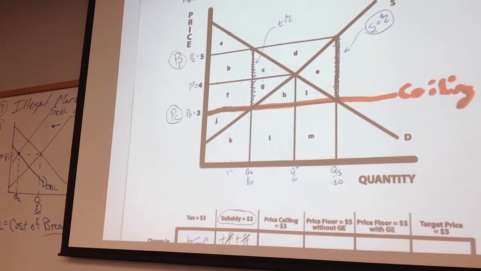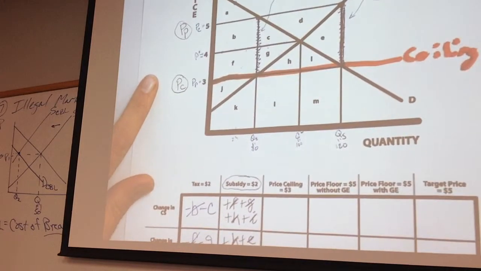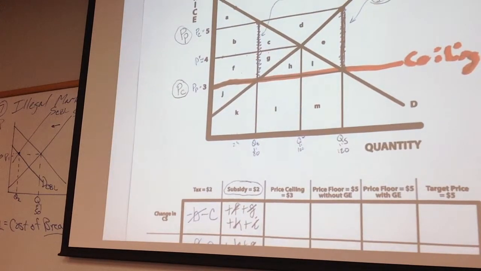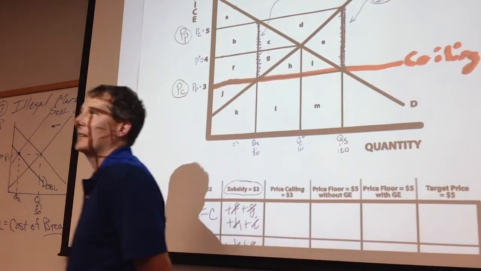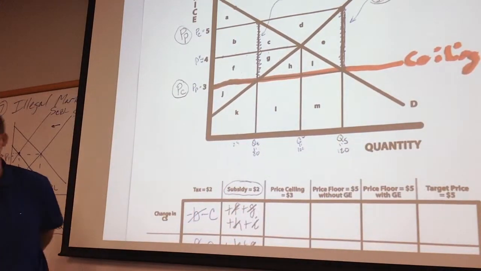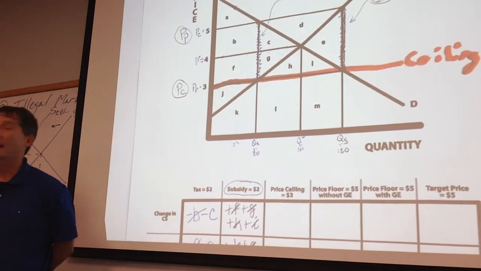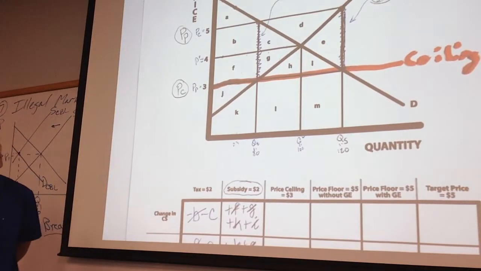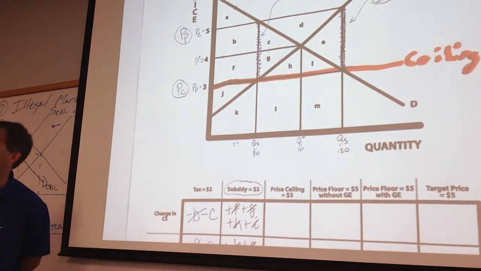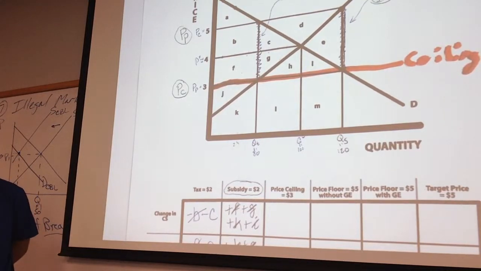So what is the change in consumer surplus? The change relative to the free market again. So we have ABC. What is the new consumer surplus, or the change in consumer surplus? What do we change it by?